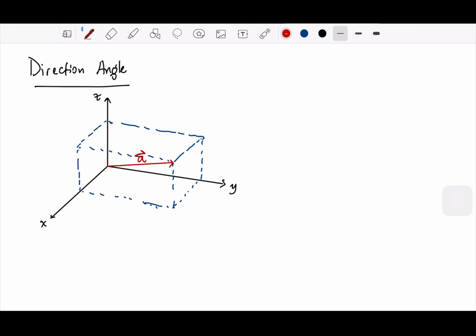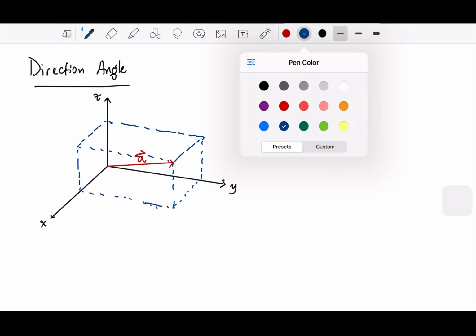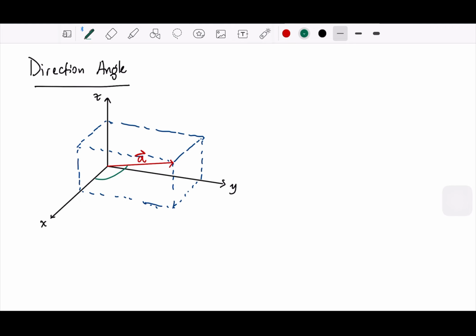Let's name the angle from the x-axis to A alpha, okay, and the other angle from the y-axis, let's call it beta, and from z is gamma.